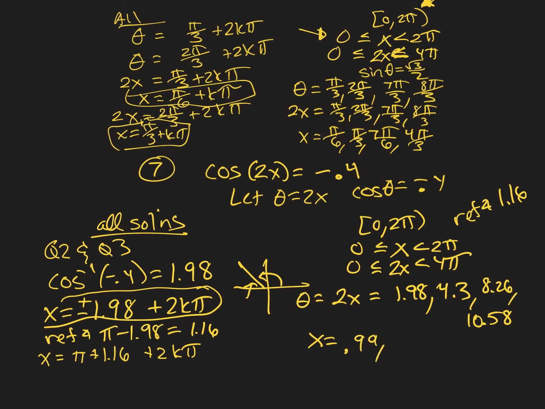These are all, of course, approximations here. 4.3 divided by 2 is 2.15. Then 8.26 divided by 2 is 4.13. And 10.58 divided by 2 is 5.29. And notice this last angle, the biggest angle, is indeed still between 0 and 2 pi.